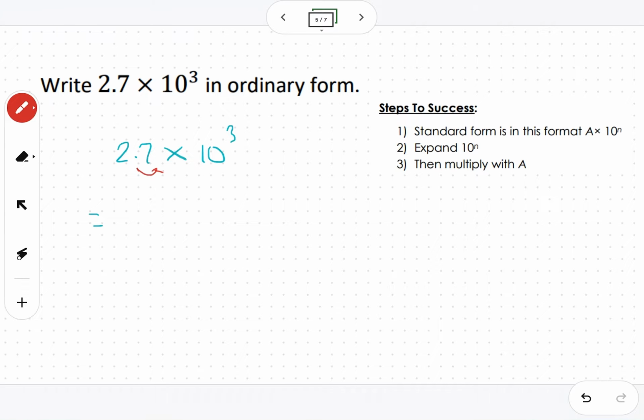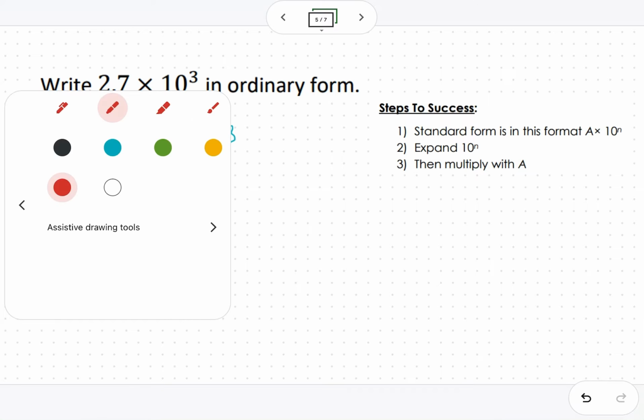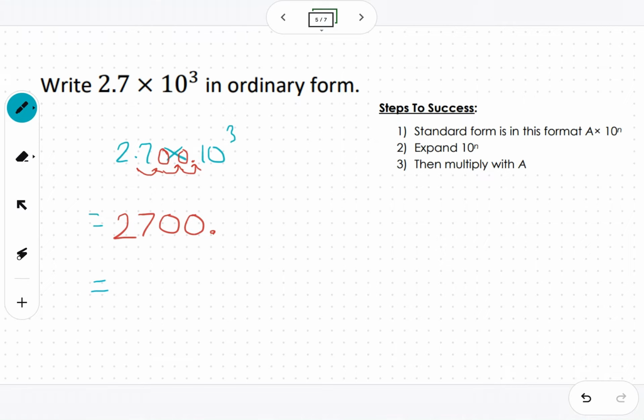So 1, 2, 3. The decimal point is here. So you fill in this space with zeros: 2, 7, 0, 0, point. Since there's nothing after the decimal point, the final answer is this one. This is using a different method, called moving the decimal point.